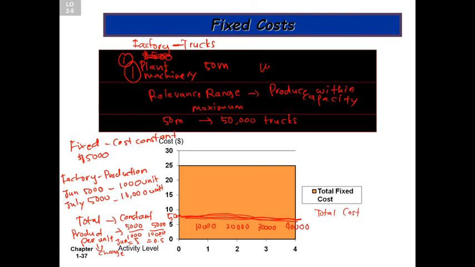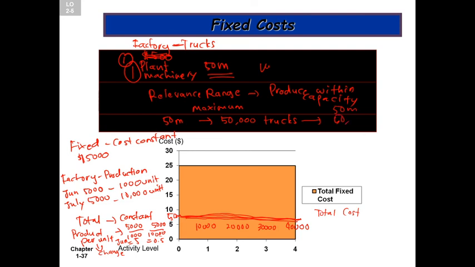When production exceeds 50,000, we need to buy another new machine, which is 50 million.